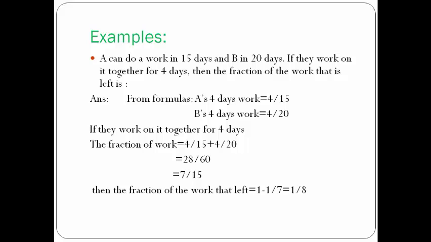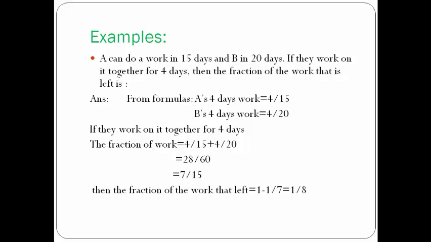First example: A can do a work in 15 days and B can do it in 20 days. If they work on it together for 4 days, then the fraction of work left is?